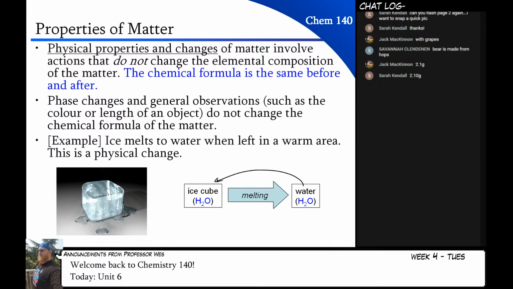If you want something to melt, you just leave it out. If you want to boil something, you just put it on the stove. These are fairly easy things to do. Before and after the transformation, the formula of the substance remains the same. So what we would say is that melting ice is a physical change.